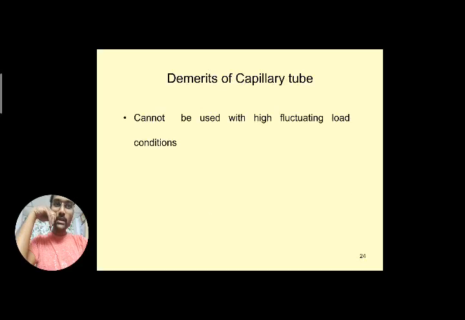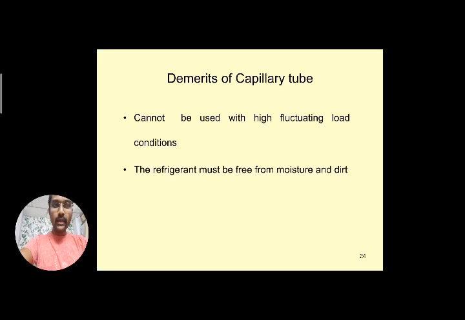Coming to the demerits, when there are fluctuating loads in the evaporator, they cannot be used here. Now the refrigerant must be free from moisture and dirt. Why? Because as I already told, due to its very small diameter and the long length it has to travel, it must ensure the moisture and the dirt are removed with the help of a dryer cum filter or a strainer.